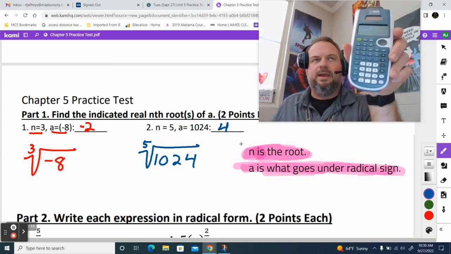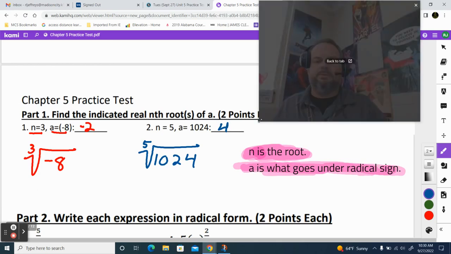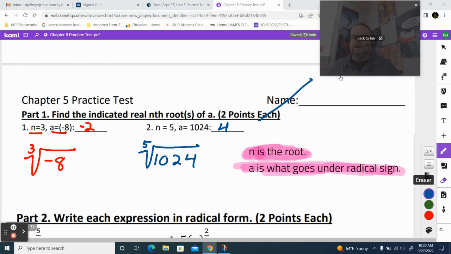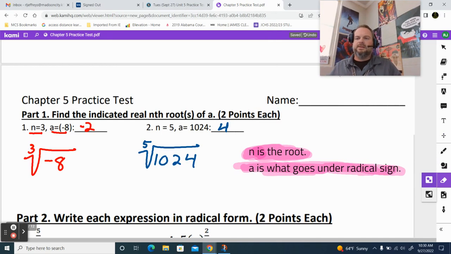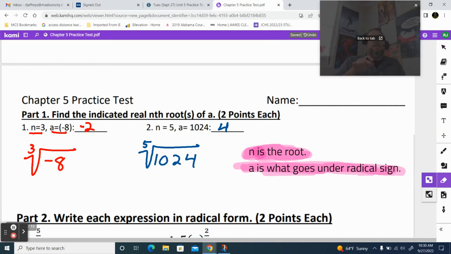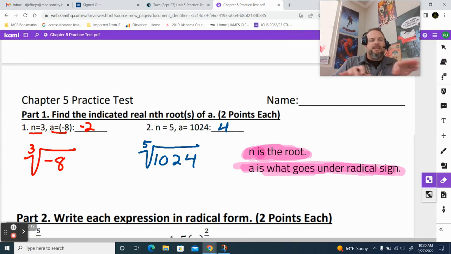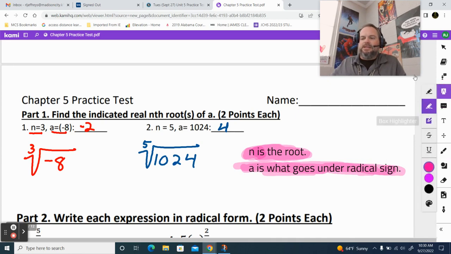Now, as stated on the directions, remember these bold underlined things that say part whatever and then there are words, those are directions. I want to keep a tally tomorrow to see how many people come up and say I don't know exactly what this is asking. In those directions you'll see that these are only worth 2 points each, because this is calculator stuff.